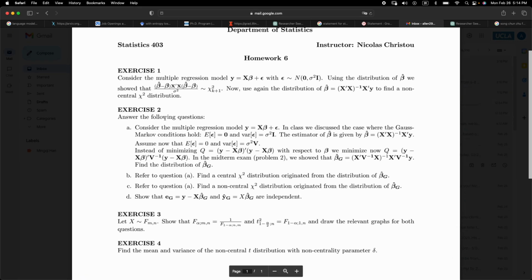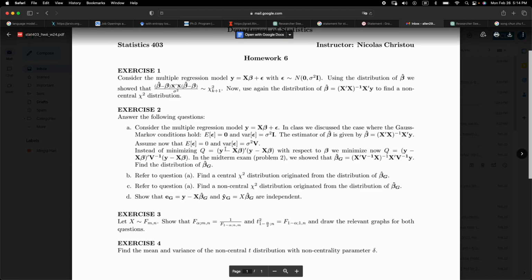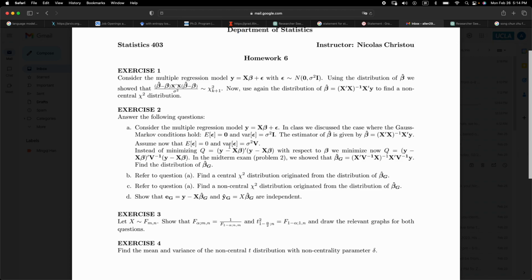Okay, next, exercise 2. Here the only difference is that we have this assumption. Instead of sigma multiplied by the identity, here we have sigma multiplied by another matrix V. What is the dimension of V?